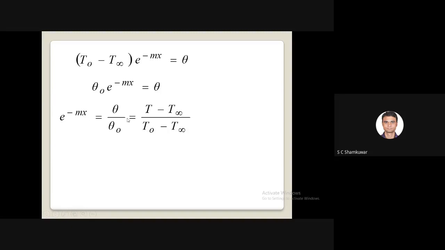So e to the power minus mx is equal to theta by theta naught, which is equal to T minus T infinity divided by T naught minus T infinity. This is the temperature distribution along the fins. You need to remember this formula.